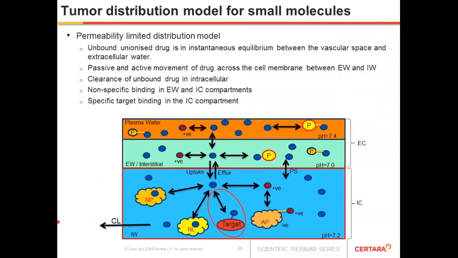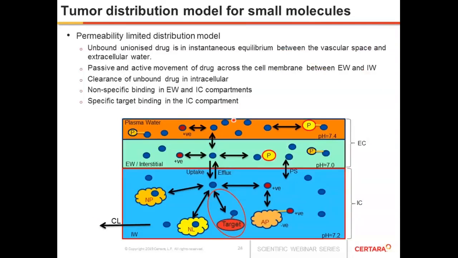This is the structure of the model, and essentially it's a permeability limited distribution model, and that is based on the transfer of unbound unionized drug.